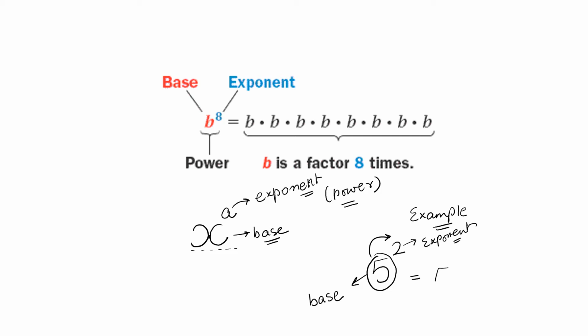So I can write 5 times 5. Can you see the base never changes? It is the same, but it will be multiplied by the times which is written on the top. You should know your times tables, and 5 times 5 is 25.